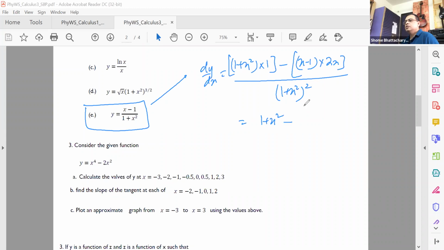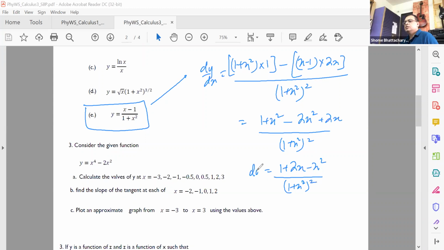So this will become minus of 2x square plus of 2x, 2x square minus 2x with a minus sign. So this becomes 1 plus 2x minus x square upon 1 plus x square whole square. So this is dy by dx. This is just lengthy algebra, nothing else. It's direct application of this formula. Hope the steps are clear.